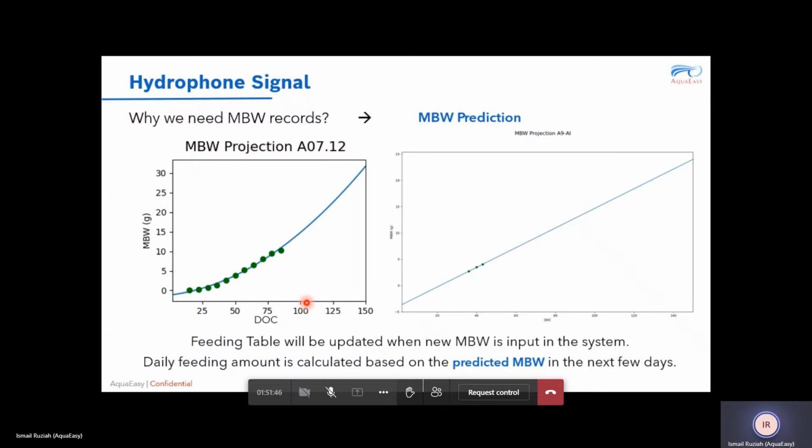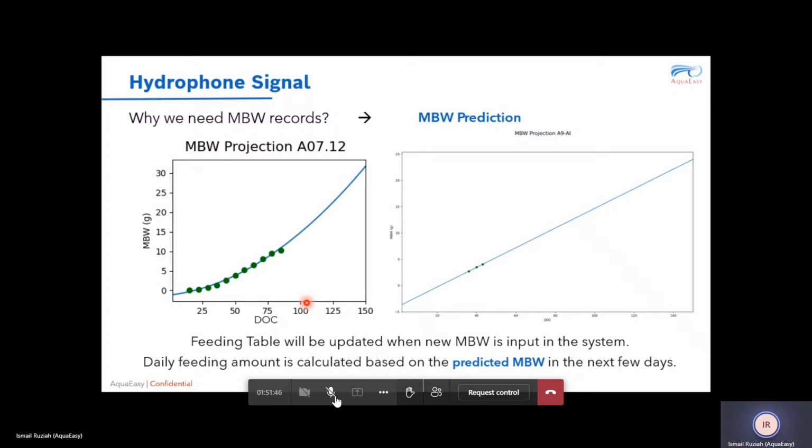Yes, we have a lot of hydrophones at a cheaper price. The problem is also maintenance. If we have to always pull out the hydrophone and clean it and retune it, then we have a headache. This hydrophone works very well because it's ceramic, and we found that when we deploy it in the pond for 140 days, we don't need to pull it out to clean it at all, and we still get good, normal signals from it.